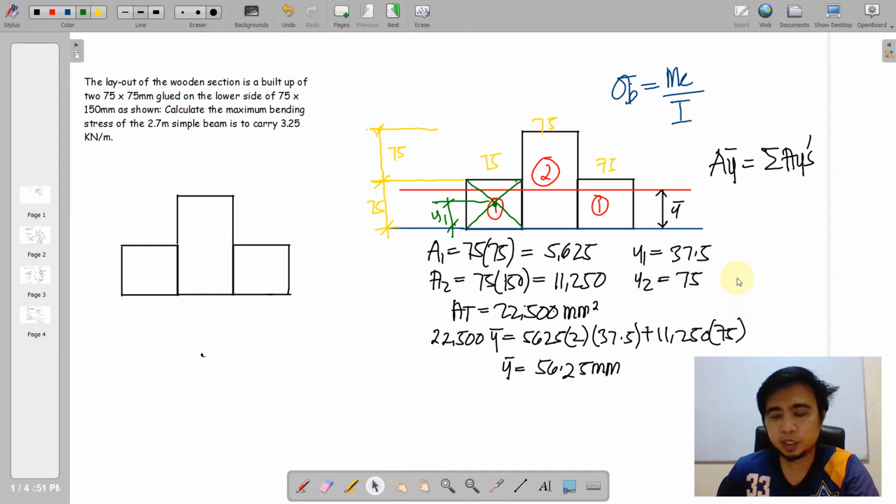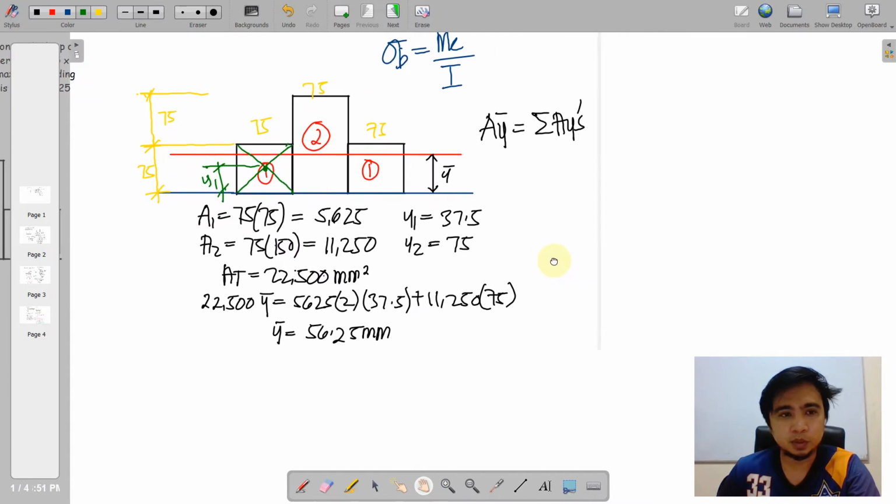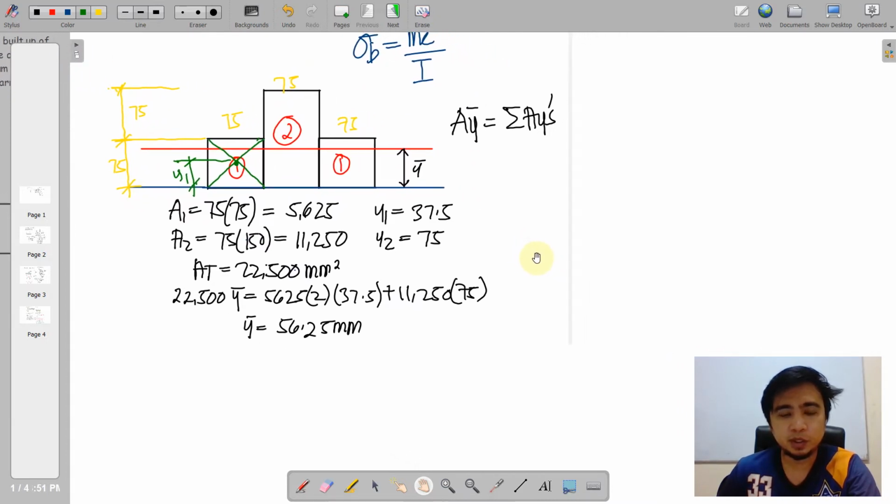The next step is to compute your moment of inertia, which will involve transfer distances. Now that we have located the neutral axis, there are corresponding transfer distances of these shapes with respect to the neutral axis.